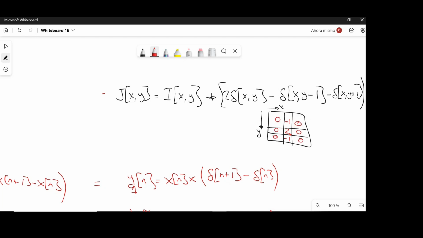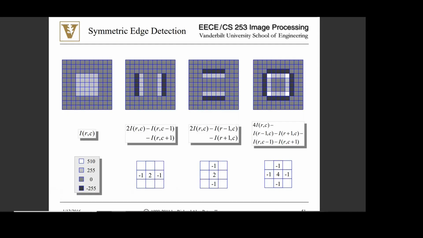So I'm convolving with this filter. So we have the same kind of representation. These are vertical derivatives, these are horizontal derivatives. I can add both, and then if this is my input image, this would be the output. So I can detect edges in all directions.